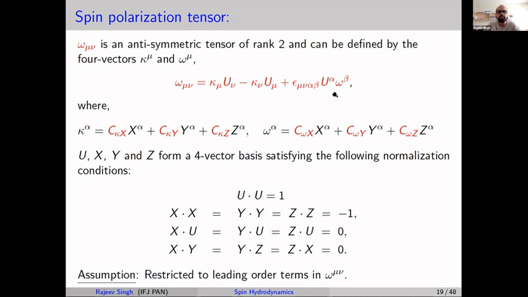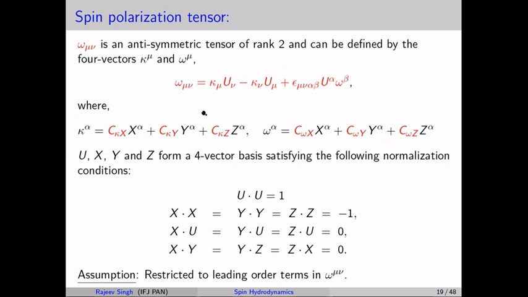So kappa and omega have 3 independent coefficients each, which are C kappa x, C kappa y, and so on. So to have the evolution of spin polarization, we will have to know the behavior of all these 6 components. Then we can have the evolution of spin.